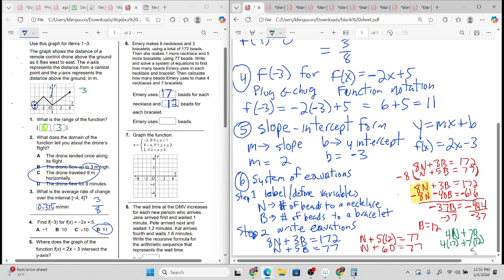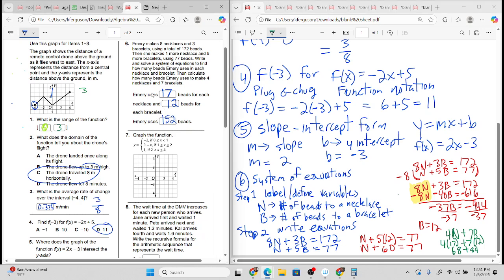Well, 7 times 12 I know is 84. 4 times 17, let's see, 4 times 7 is 28, carry the 2. 4 times 1, so that's 68. And then I add those two things together, and I end up getting 152.